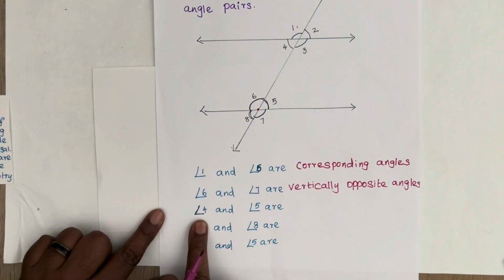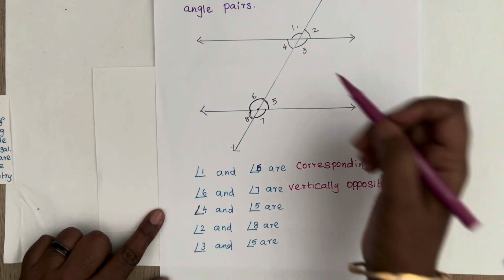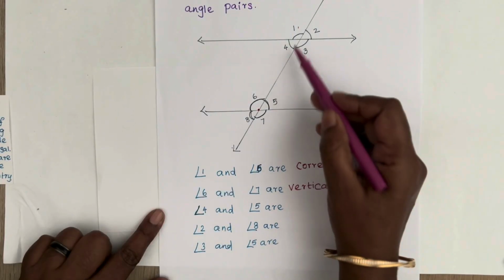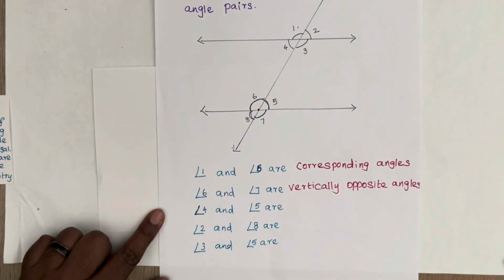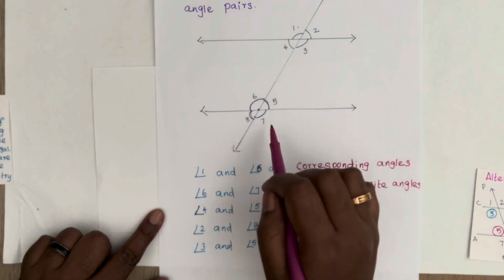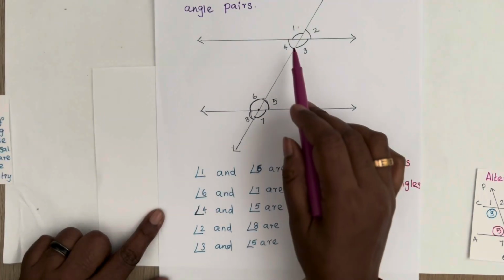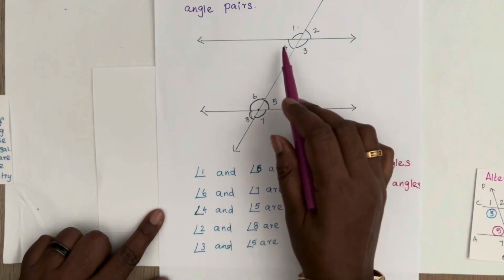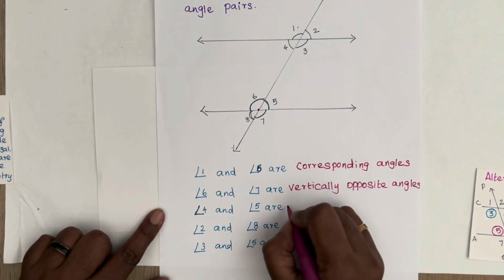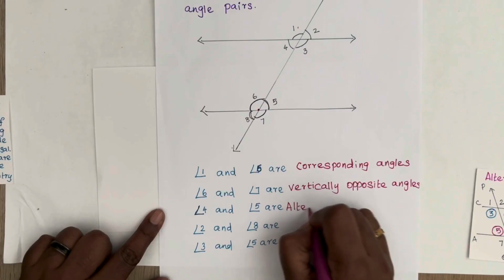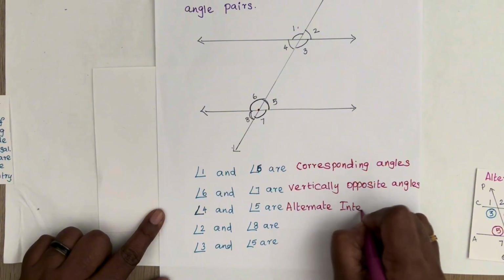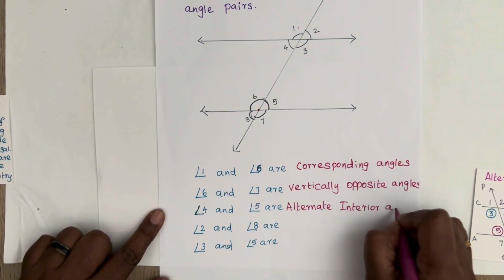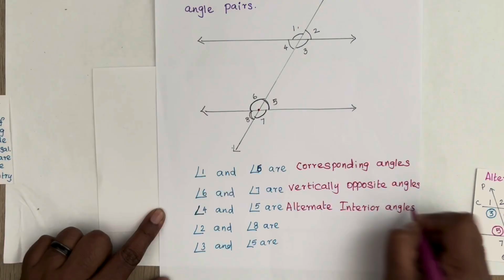The next one, angle 4 and angle 5. Both are inside but on the opposite side, so that's nothing but alternate interior angles. Alternate interior angles means a pair of angles that lie inside but on opposite sides. 4 and 5 are both on opposite sides, so these two angles are known as alternate interior angles.